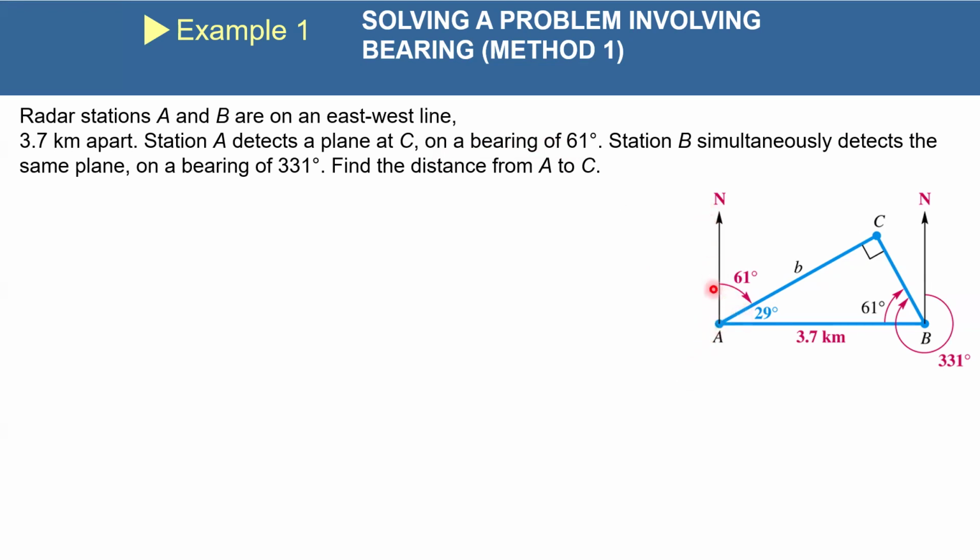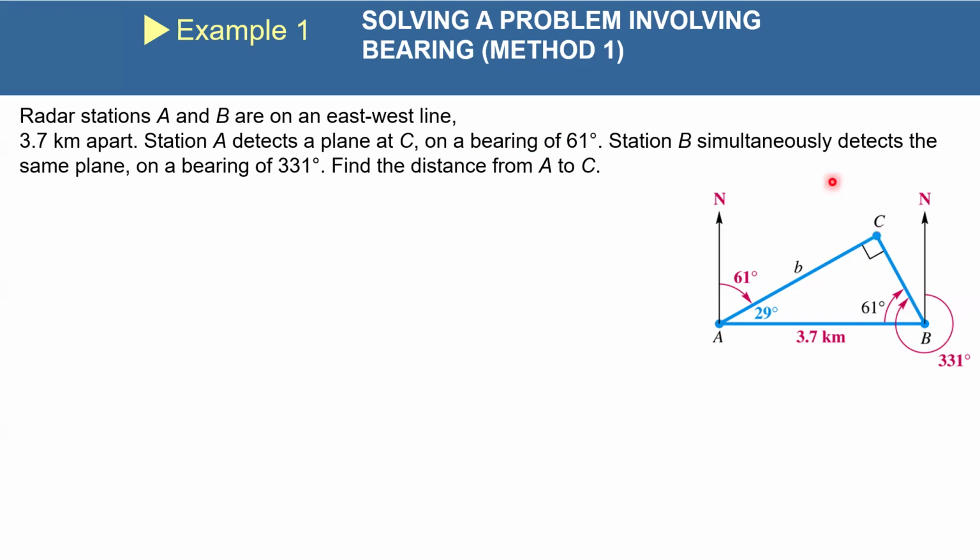So we're at the north and we go 61 degrees, and it goes up. This is where C is. It's from where you're at. I have my own north, south, east, west, and you're over there and you'll have your own. So your view is different than mine. Does that make sense?